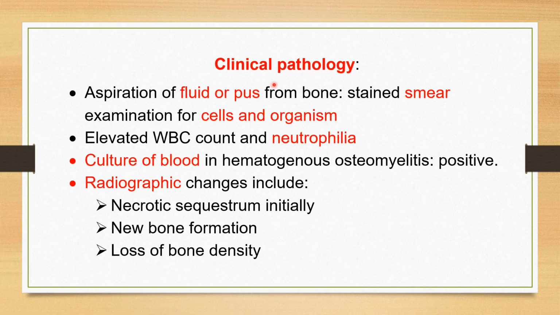Let us see clinical pathology. For the diagnosis, the clinician has to aspirate fluid or pus from the bone, prepare a smear, stain with the appropriate stain, and examine under the microscope for the presence of cells and organisms. The clinician can identify the organism even by culture also.